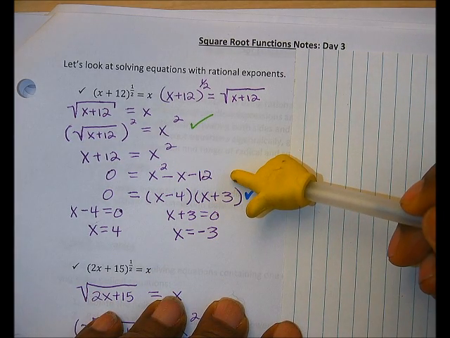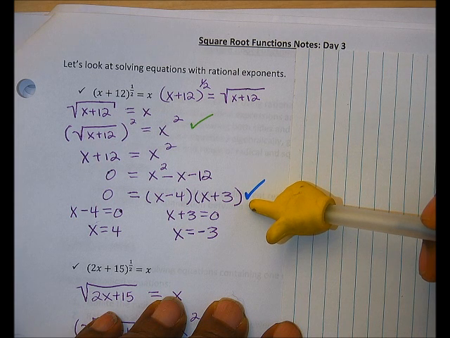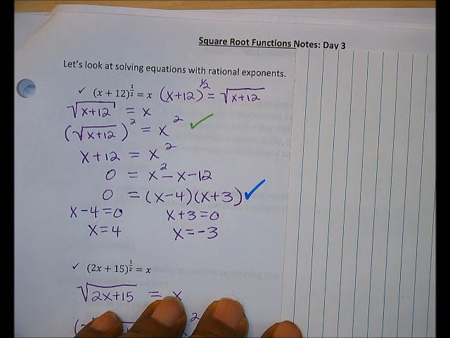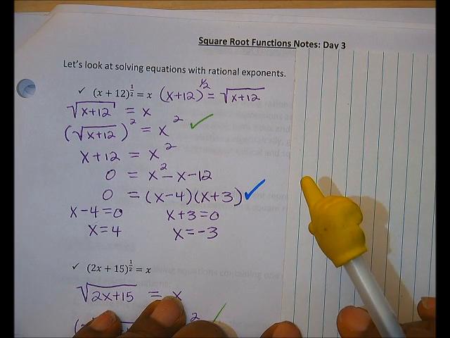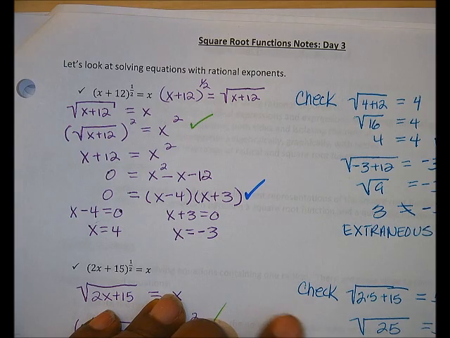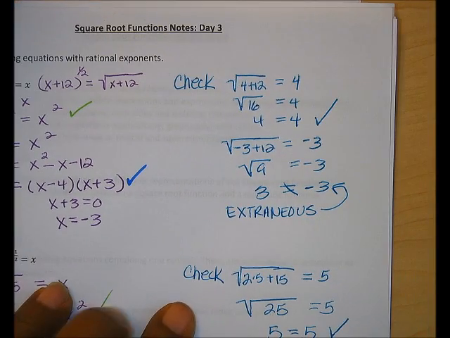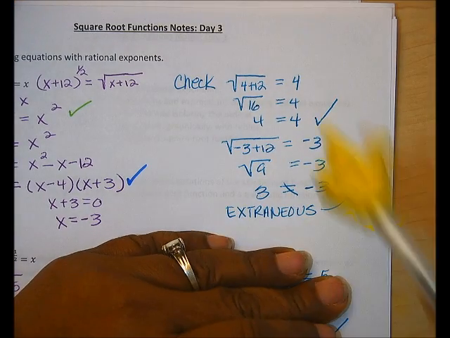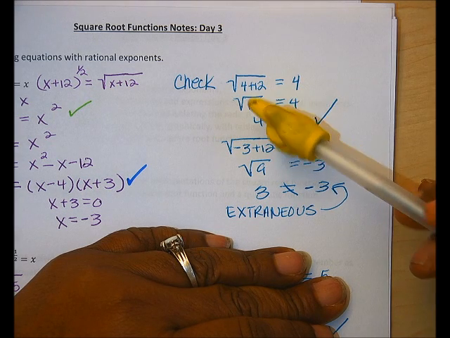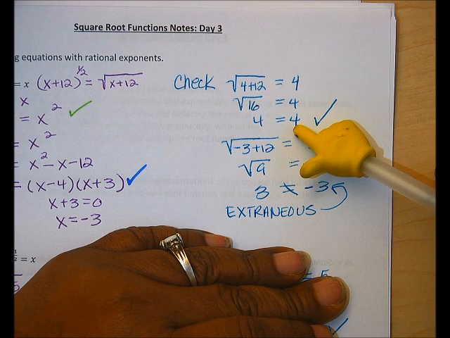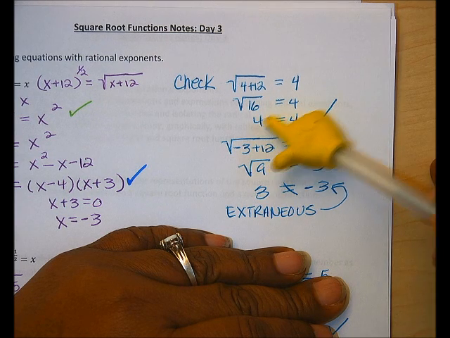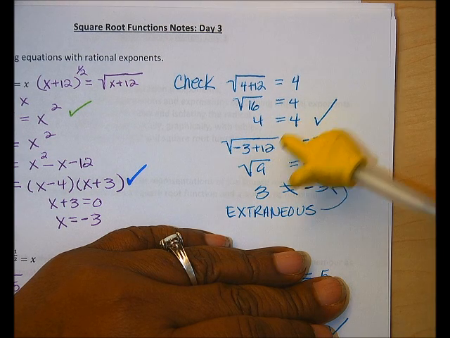We will simplify and solve for x, and in this case, x is equal to 4, x is equal to negative 3. Let's check our answer. So if x is 4, then I end up with the square root of 16 is equal to 4, and you can already see that's going to check out because 4 is definitely equal to 4.